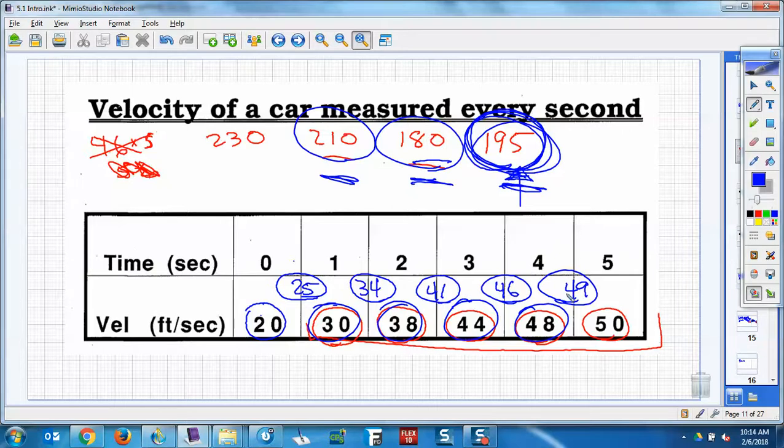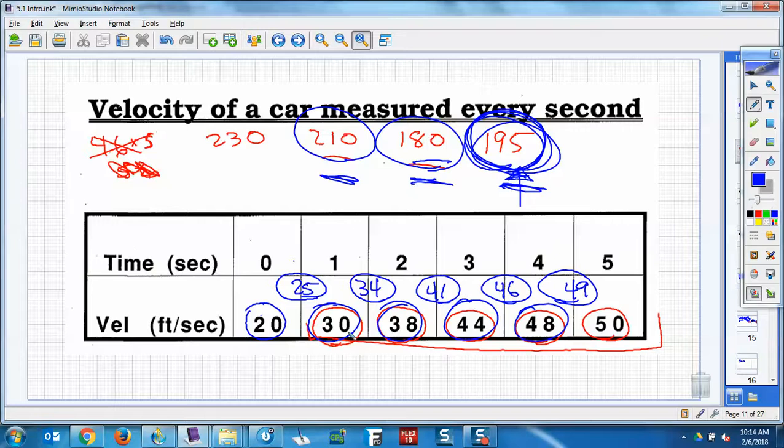It would be smooth except where? At those points, right? Because during the first second, when it's going from 20 to 30, it's speeding up, right? Now during the next second, is it speeding up as much? No, it's only going to increase by 8 feet per second.